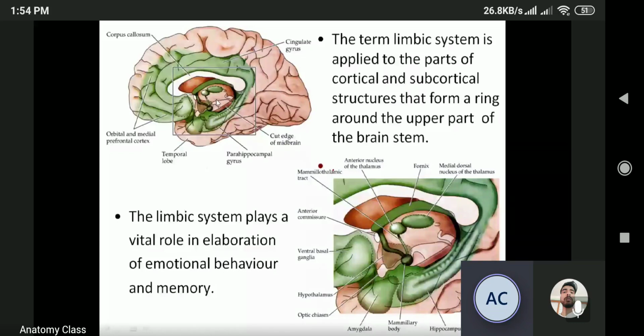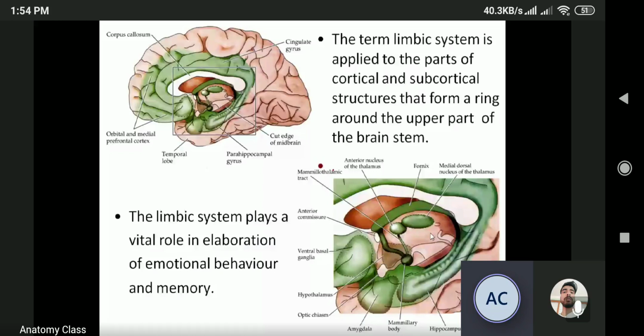Emotion, behavior, and memory are all associated with this limbic system, or the main function of it is considered to be the function of limbic system.